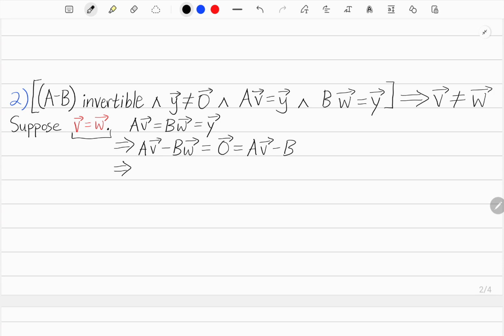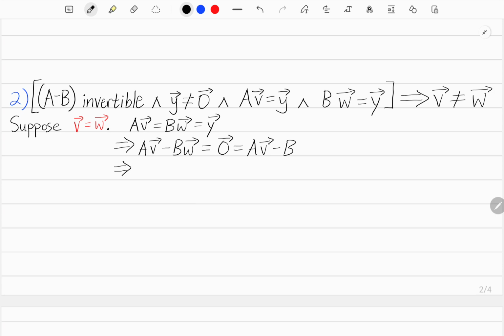We don't know if this is the right assumption. The premises and the antecedent that were given to us we're assuming to be true, but this V is equal to W is just our own little hypothesis.